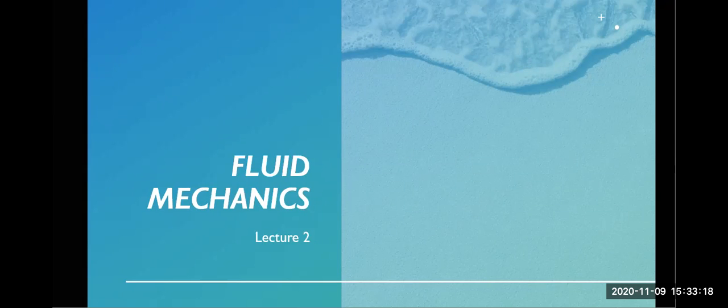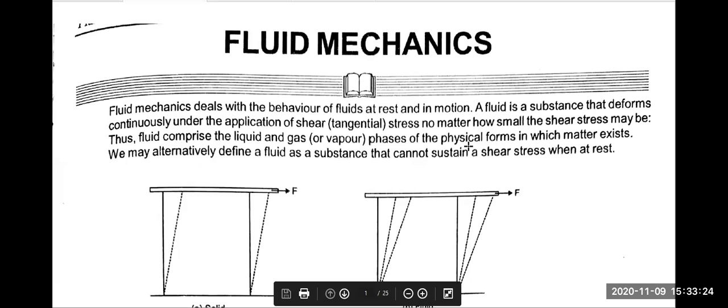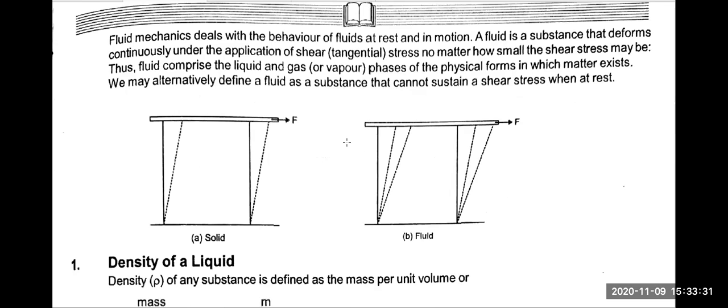Now, if we talk about the topics that we have covered in last class, that is the basic definition of fluid, which we have already studied in the last chapter, properties of solid.